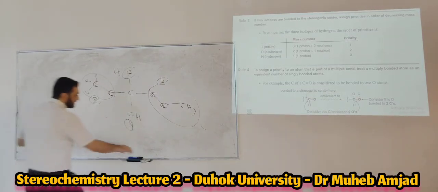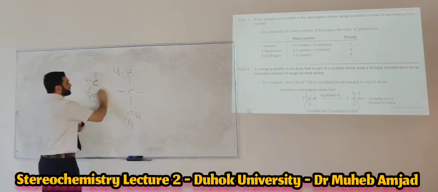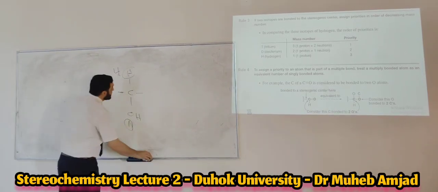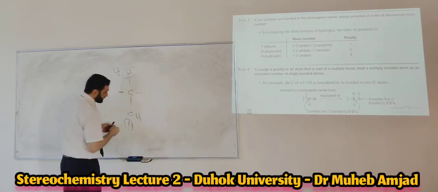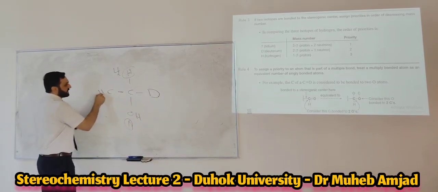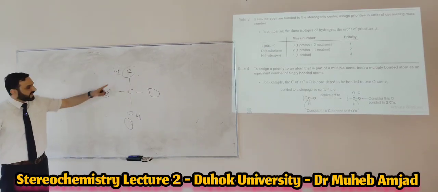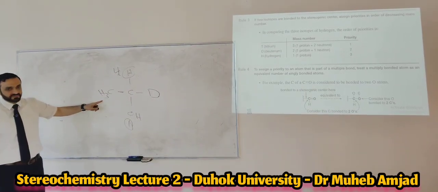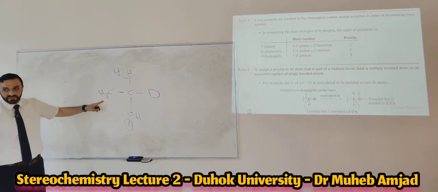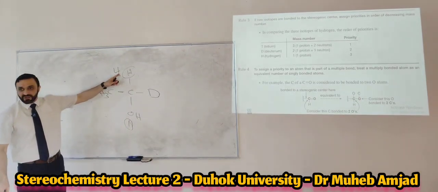So if you have here, for example, D and CH3. This is number 1, this is number 3. Hydrogen is number 4.